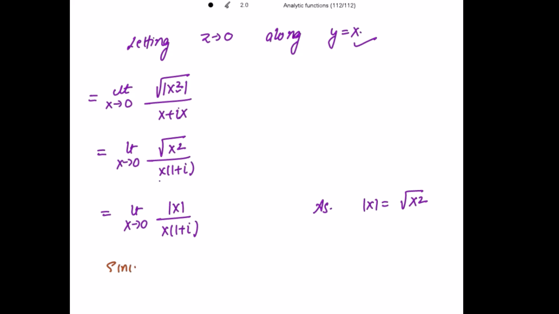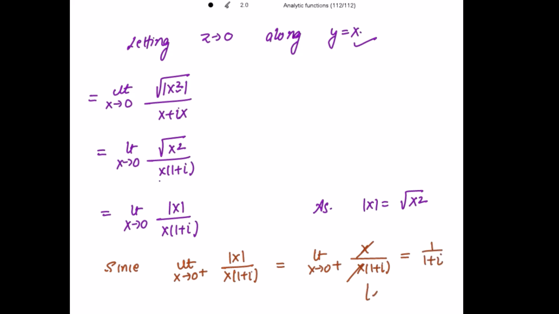Now if I take the limit x tending to 0 positive, along the positive x-axis, mod of x is x, right? So this is limit x tends to 0 positive of x divided by x into 1 plus iota. These cancel out and we get this limit to be 1 divided by 1 plus iota, as x is strictly positive.